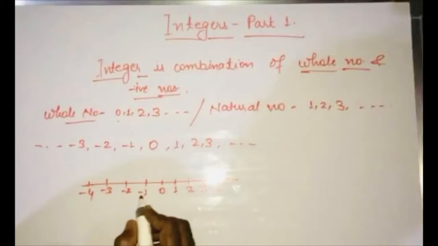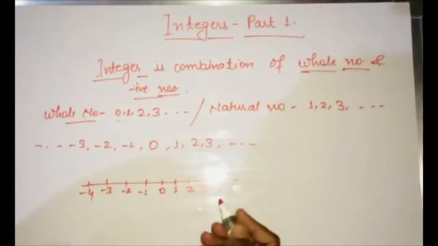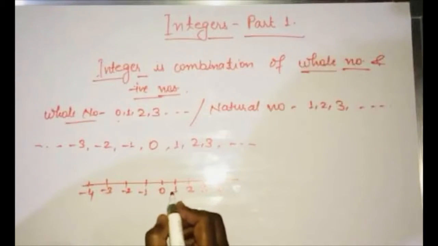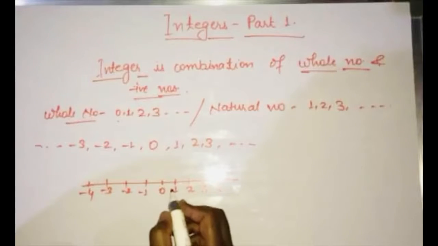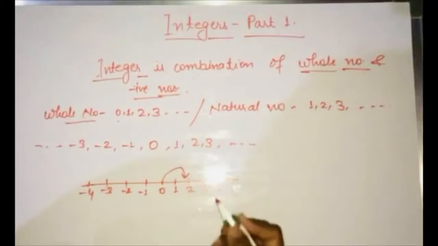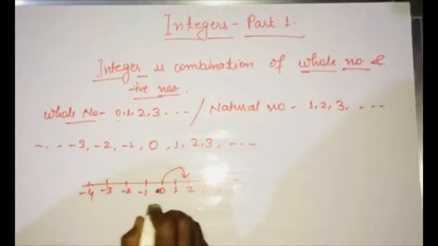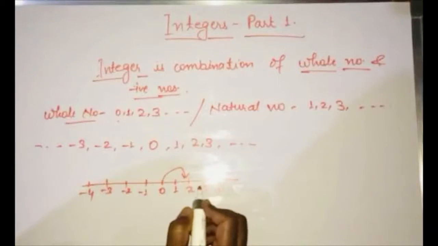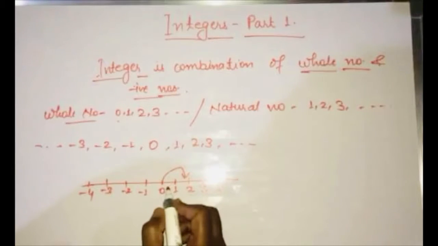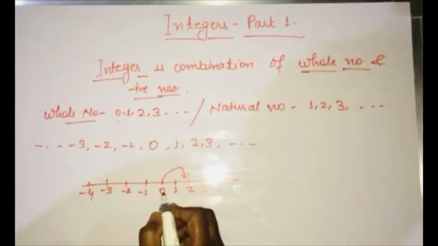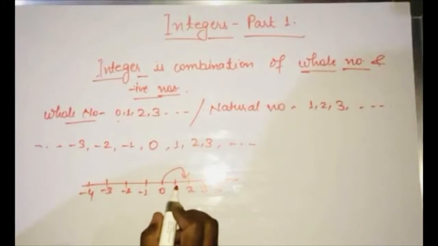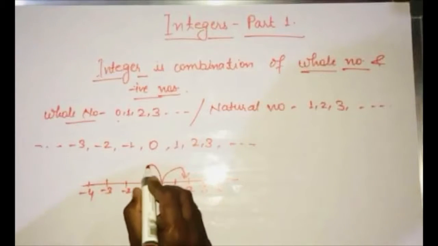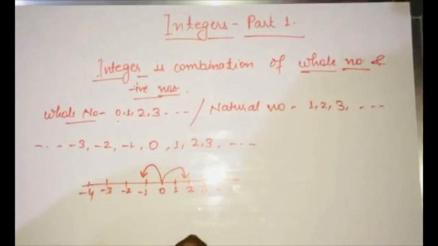But in case of integers, how will the calculations differ? What happens when you add a positive integer is that you move to the right side of the 0. When you add a negative integer, then you move to the left side of the 0.